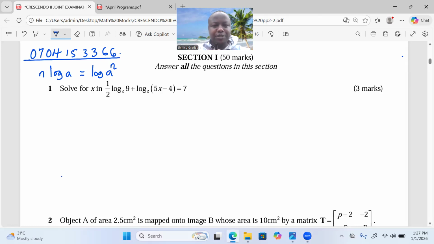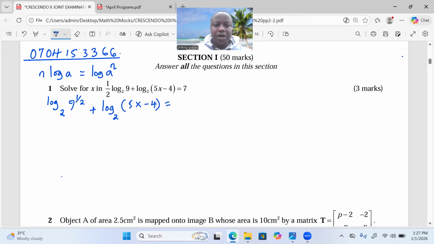Therefore, n becomes the power of a. So we can apply that in the first term, the logarithm of 9 to base 2, such that it becomes the log to base 2 of 9 power half, plus the logarithm to base 2 of 5x minus 4.